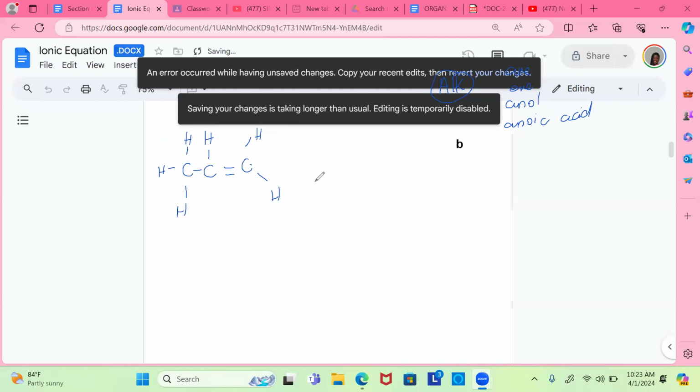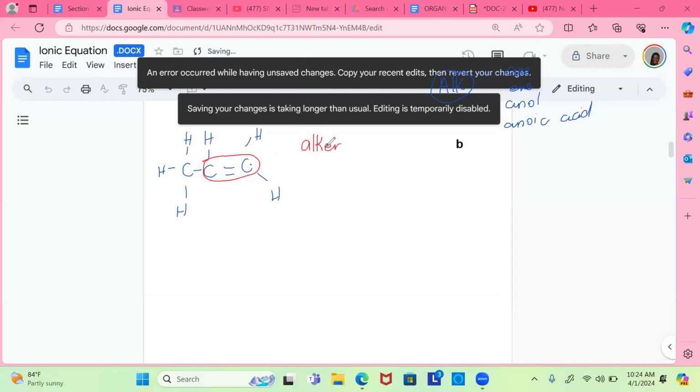Let's go. What is the functional group? Carbon-carbon double bond. Clear? So I look at the molecule and I'm seeing carbon single bonds, but I also see a carbon double bond. So that means the functional group is carbon-carbon double bond. Which homologous series does that belong to?